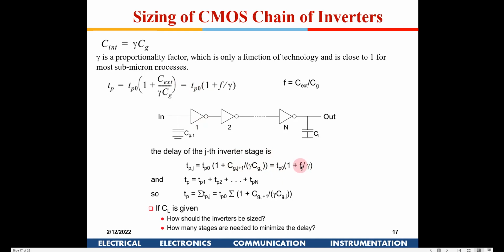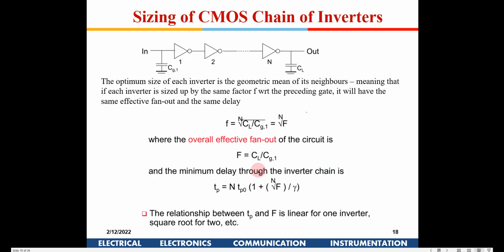We are keeping f constant for each of these stages. How are we keeping f constant? We keep C_g,j+1 divided by C_g,j constant by increasing the sizes in a geometrical fashion. So the small f is given by the n-th root of f.